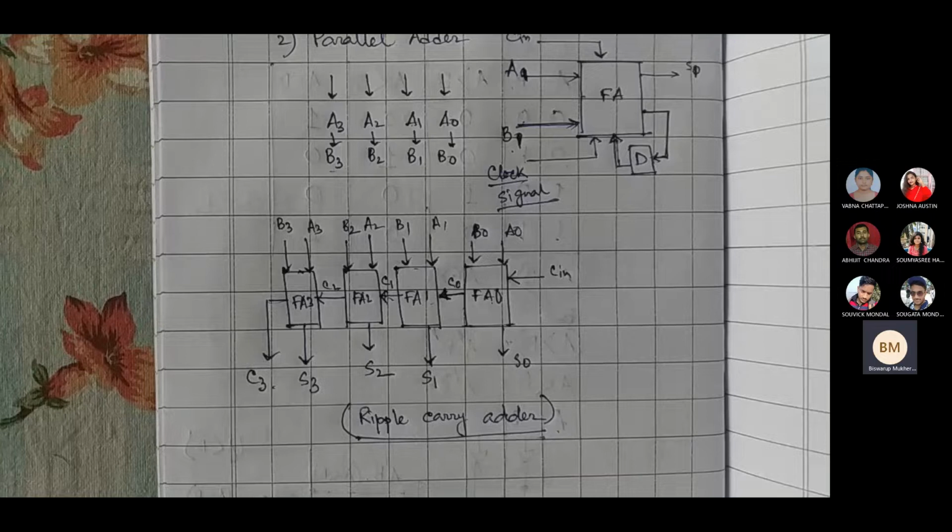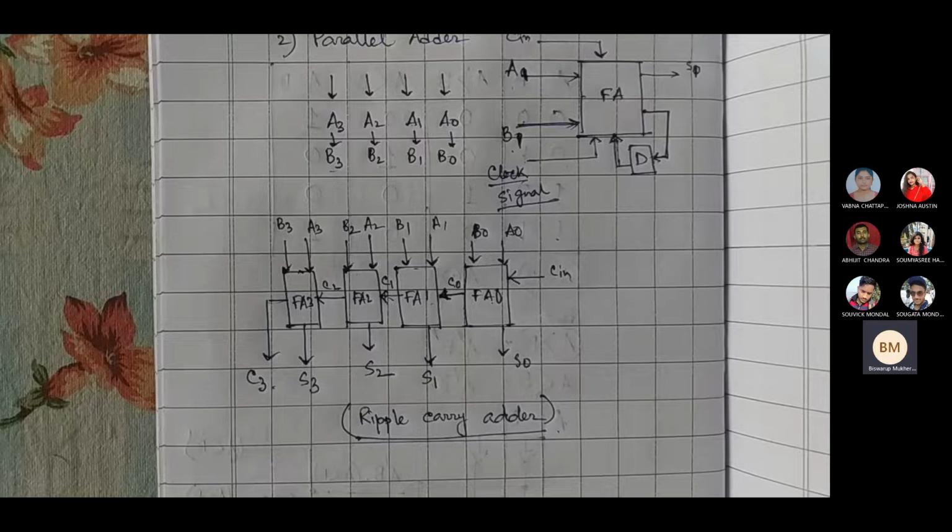And if there are 32 full adders, each consuming some delta t time to work, and that is the propagation delay of that particular full adder, delta t time. So for 32-bit, we require 32 delta t time, right? So that is quite a huge time. Though we have initially provided my input, my output can be found only after 32 delta t time.